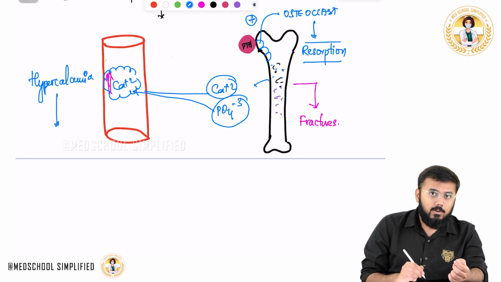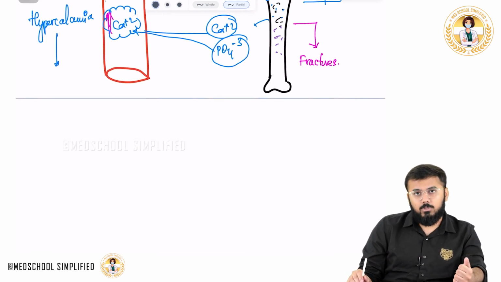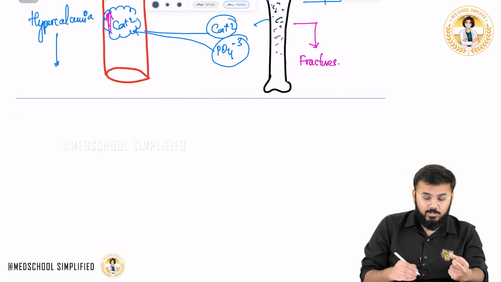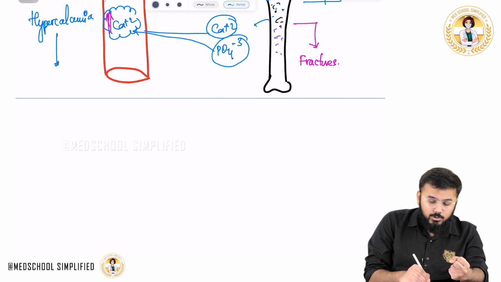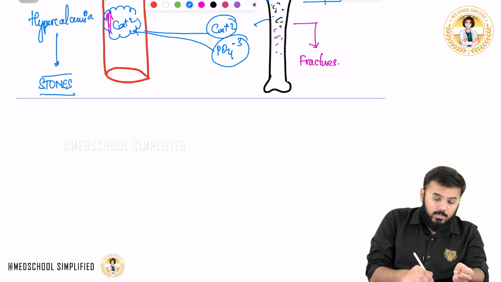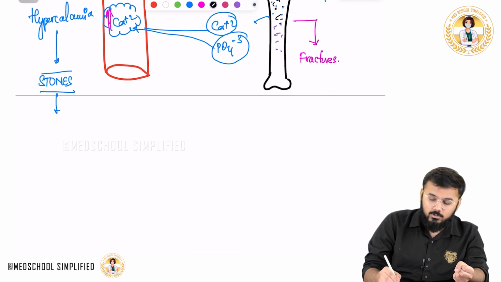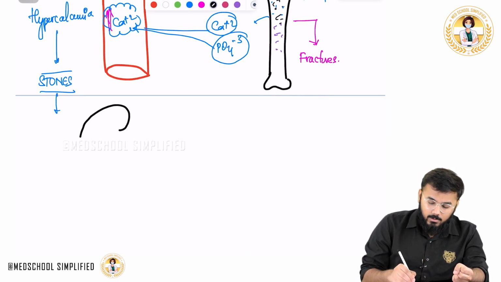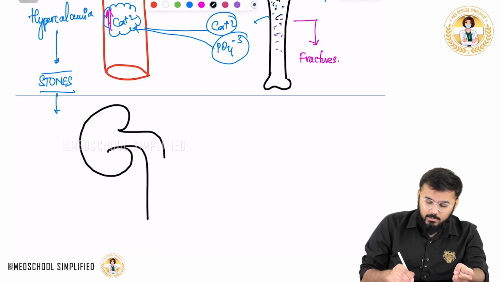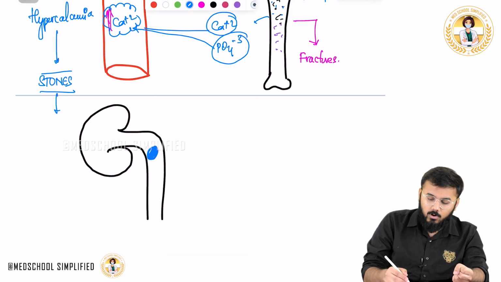This excess amount of calcium will deposit everywhere in your body, right? So when it deposits everywhere, obviously the patient will develop stones. Sometimes even stones are formed within the ureters of the kidney. This is your kidney over here, and within the ureter of the kidney, you see a stone that is formed, right?